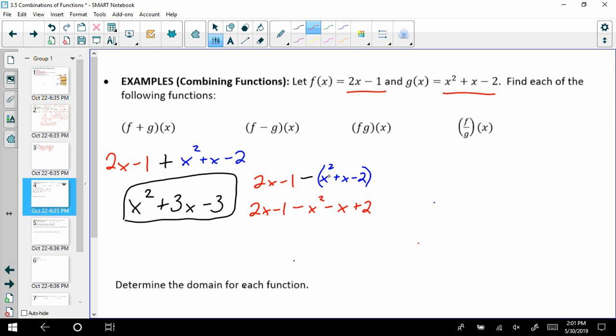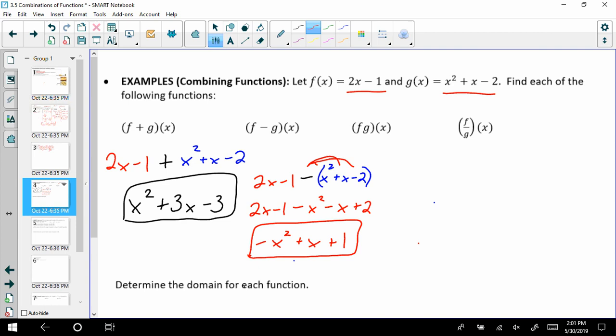It's like that subtraction has to distribute. And then I'll combine like terms. So I'd get a negative x squared, 2x minus x would be 1x, and negative 1 plus 2, I'd get plus 1. So there would be the subtracted function.